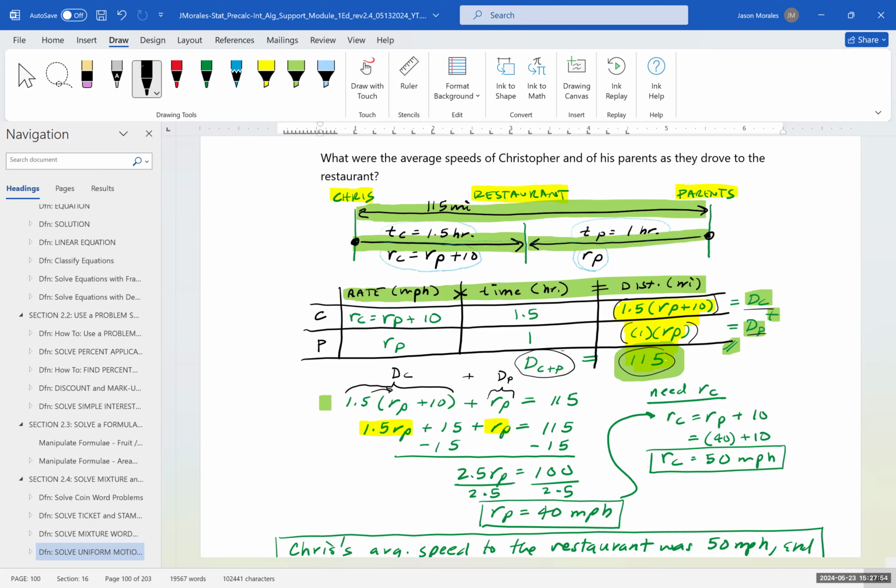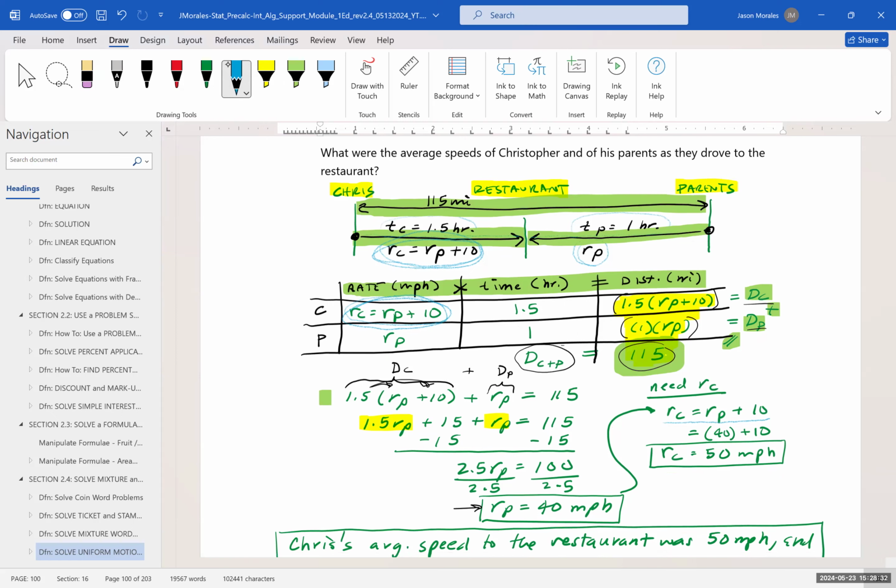So I just carried out the distributive property, simplified this down, and I got the average speed for his parents was 40 miles an hour, and used that in this relationship here, which is what I got up here in the table or from the problem, that Chris's speed is equal to his parents' speed plus 10. So just substituting in 40 for R sub P and adding 10 to it, we get 50.